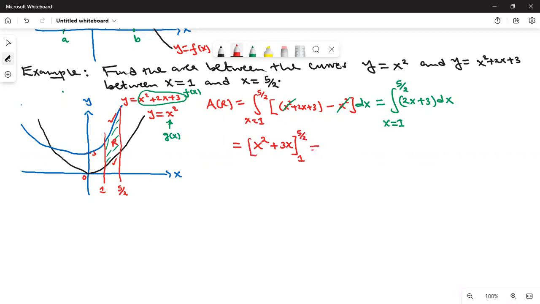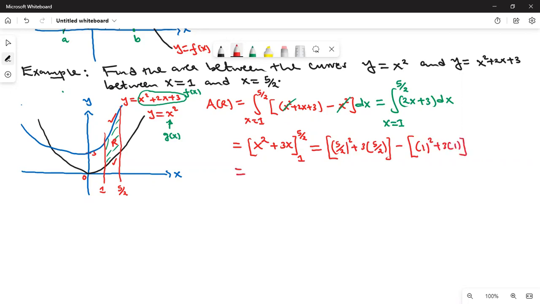When you plug in 5 over 2, you'll get 5 over 2 squared plus 3 times 5 over 2. Now subtract, when you use 1, I'll have 1 squared plus 3 times 1.